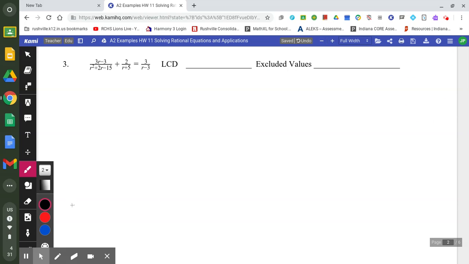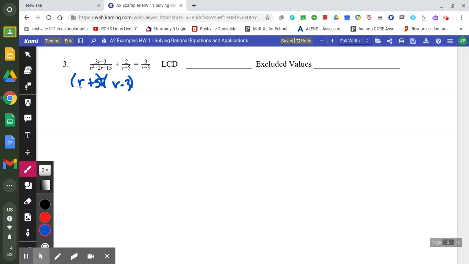So on number 3, before I can find my least common denominator, I'm going to have to factor this r squared plus 2r minus 15. Well, I'm going to check to see if maybe if I factored it, it would factor into the r plus 5 and the r minus 3 that I already have here.